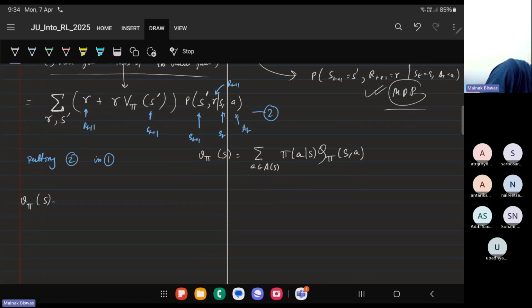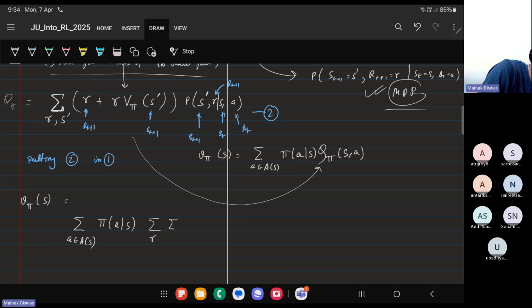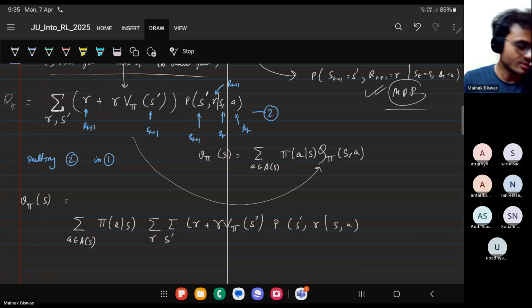I'll get V pi of s is equal to, I'll just replace the Q pi equation over here. What will I get? The sum over actions a of pi of a given s, summation over all the rewards, summation over all states, of reward plus gamma times V pi of s prime, times p of s prime, r given s, a. Clear to everyone? So this is called the Bellman equation.